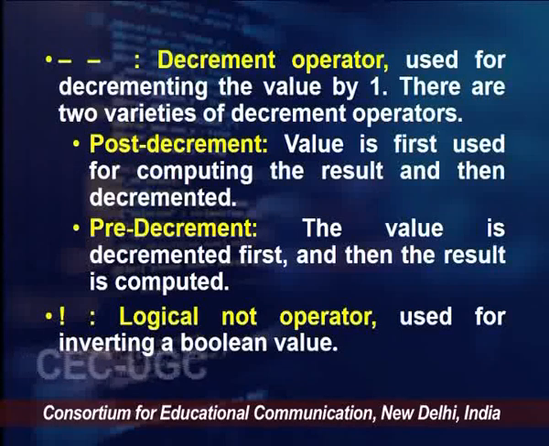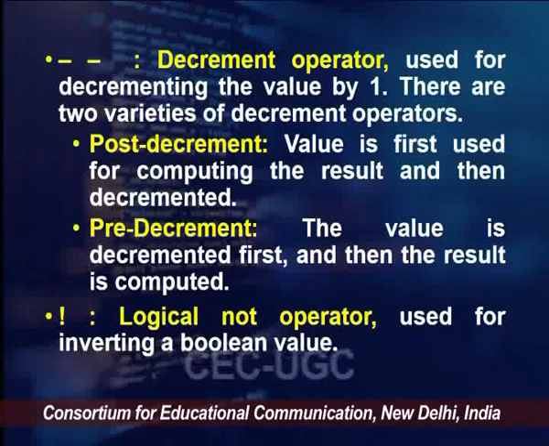This is used for inverting a boolean value. For example, I have a boolean value a, and the value stored inside a is true. Now, if we want to negate it, I will write the logical not operator, the exclamation sign. So, exclamation sign a will give the value of false to a.